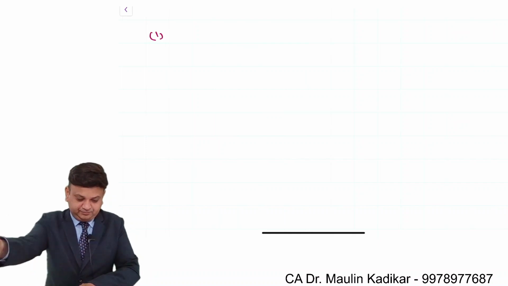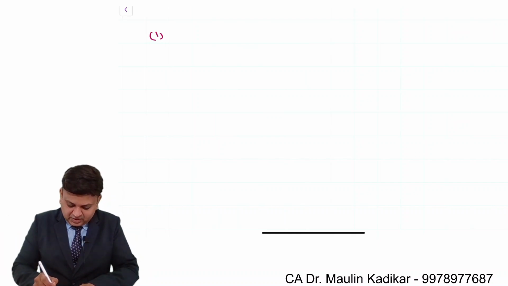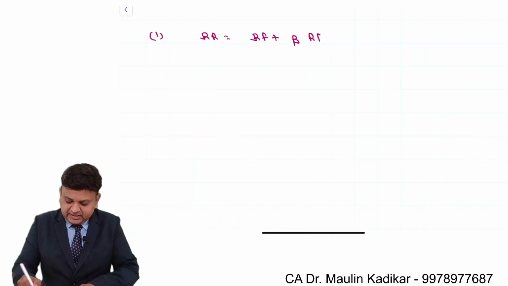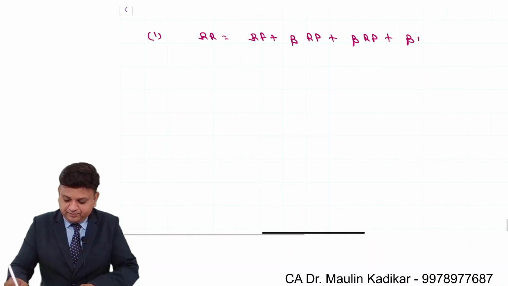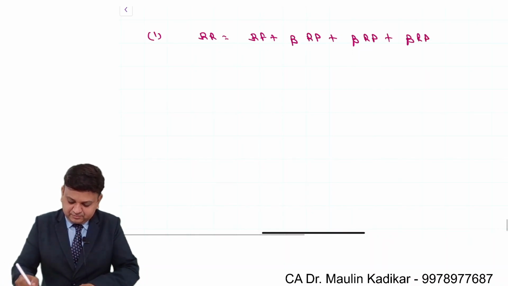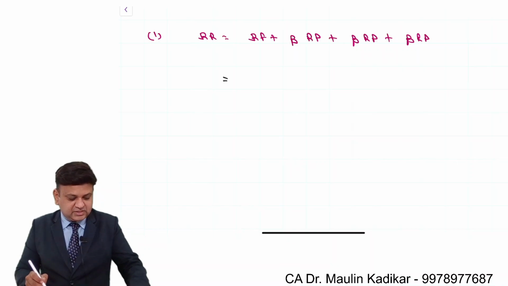In that, required rate of return is equal to RF plus beta into risk premium, beta into risk premium, beta into risk premium. What is the risk-free rate of return?